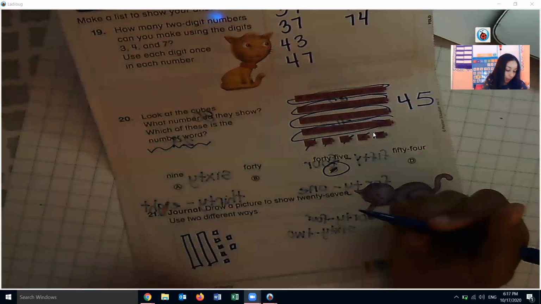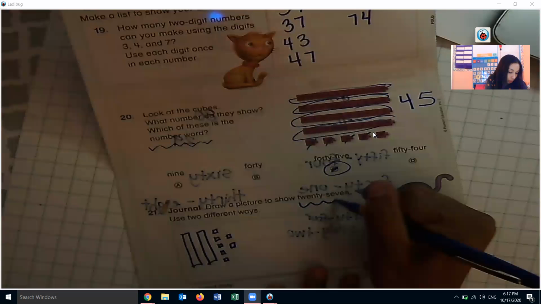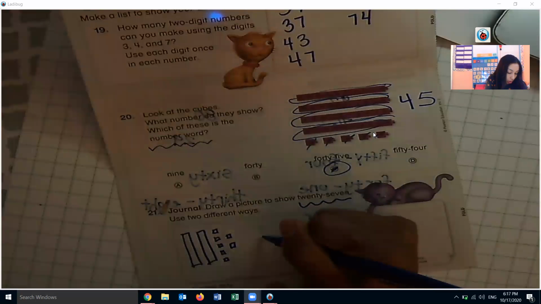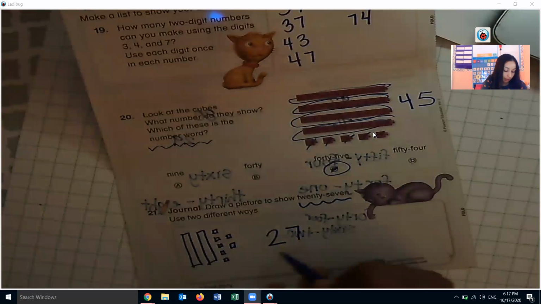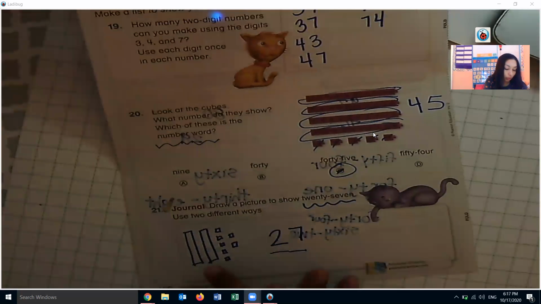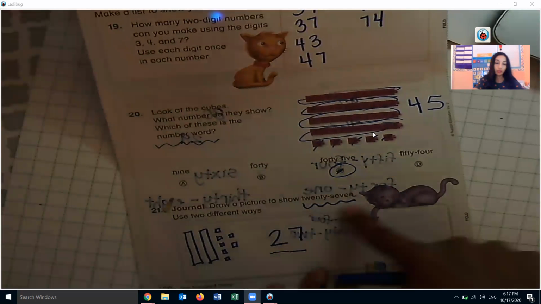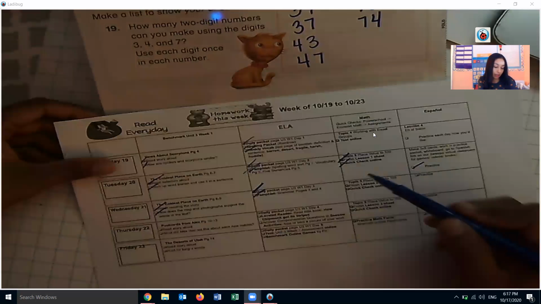And then, so maybe they already have it in number word form. So the next way I'll show it maybe is show it in actual digits, 2 7, 2 10, 7 1s. So that's showing 27 actually in 3 ways, right? 1, 2, and they already have that third one for us. All right, so that is our math, topic 5, lesson 2.